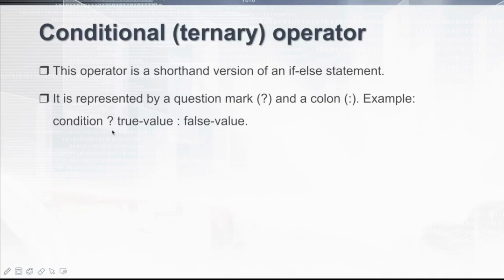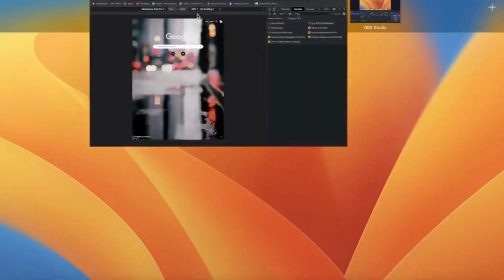Then we have this question mark. If whatever condition we have here is true, then this is going to happen. If it's false, this is going to happen. So let's see how that works.